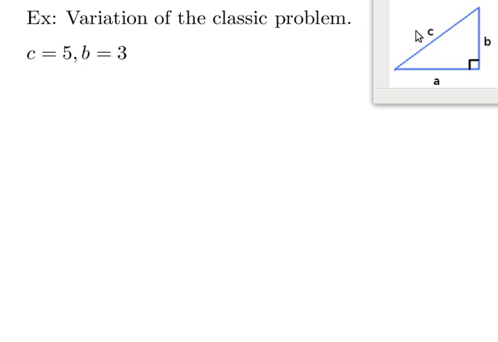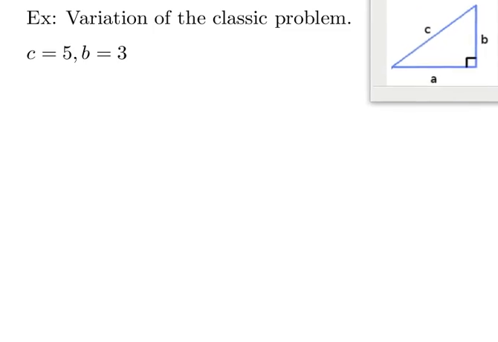Okay, so C equals 5, B equals 3, and now A is our unknown. This is very similar to the problem we had before. Actually, it's pretty much the same, except that instead of finding C, we're finding A.